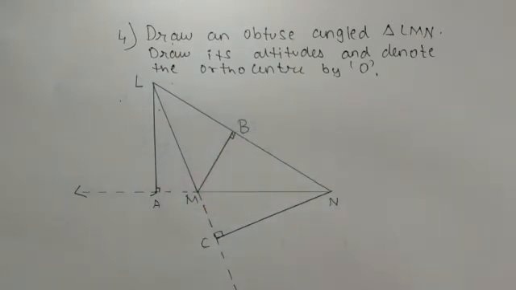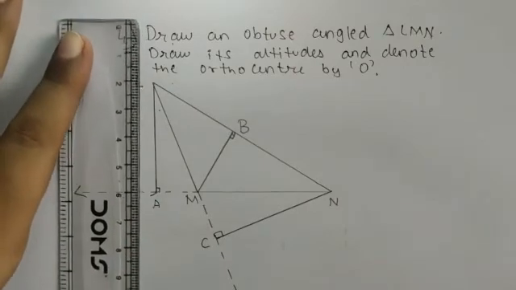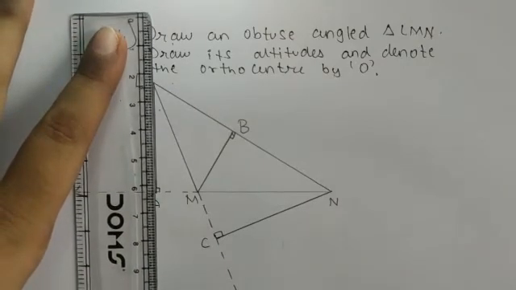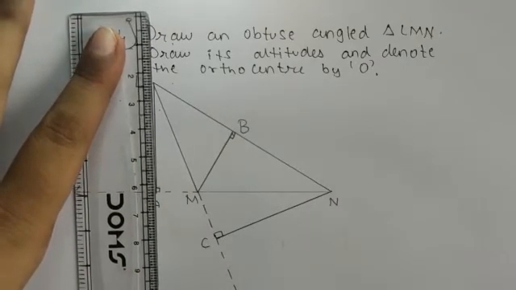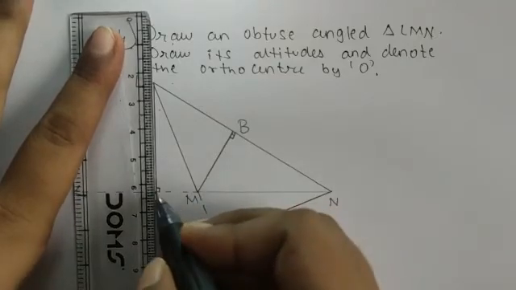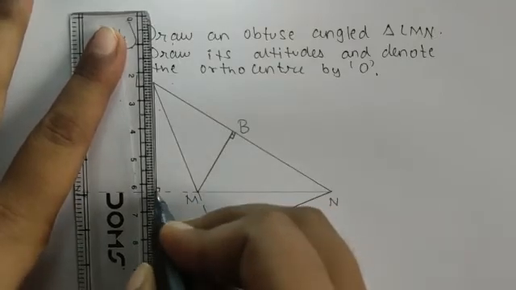So now which is the next step? Yes, we will extend the altitudes, all the three altitudes, so that we will get the orthocenter in the exterior of this triangle. It is very important to remember that its orthocenter will be in the exterior.